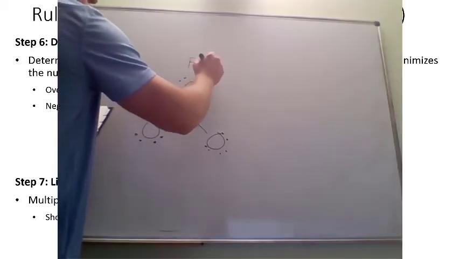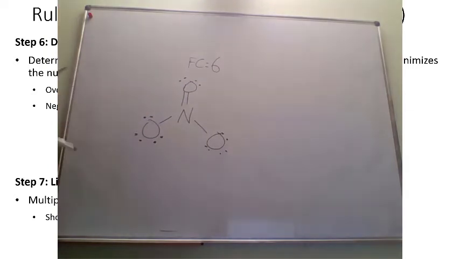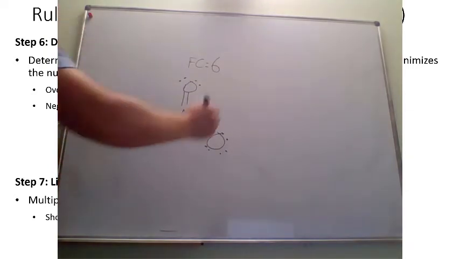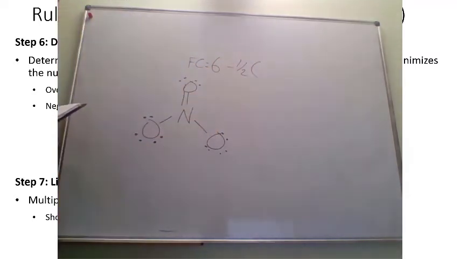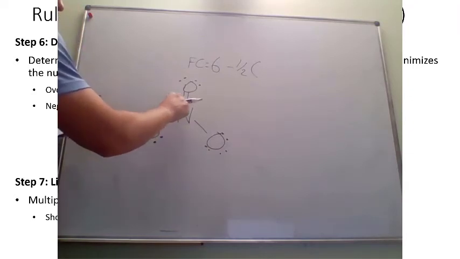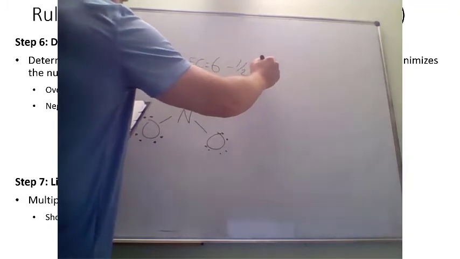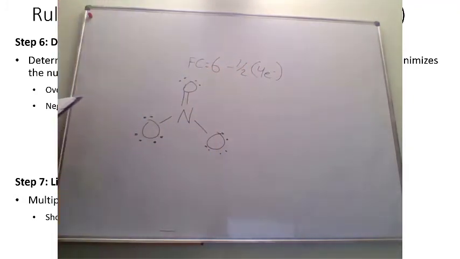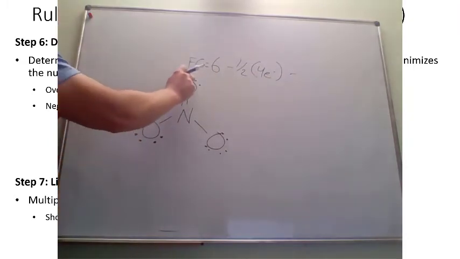So for formal charge, for this oxygen, we have 6 electrons that are valence electrons. We find that from the periodic table. Minus 1/2 times the number of bonding electrons. So we have 2 electrons for the one bond, 2 electrons for the other. So 1/2 of 4 total bonding electrons. Minus the number of non-bonding electrons, which is 1, 2, 3, 4.